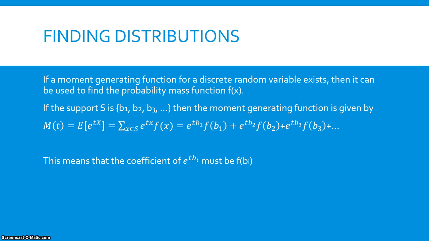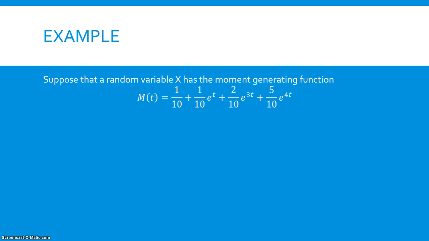Let's look at our example again. Here's our random variable x, which we're supposing has that same moment generating function that we were working with before. Now we're looking for things that are of the form f of x times e to the tx.